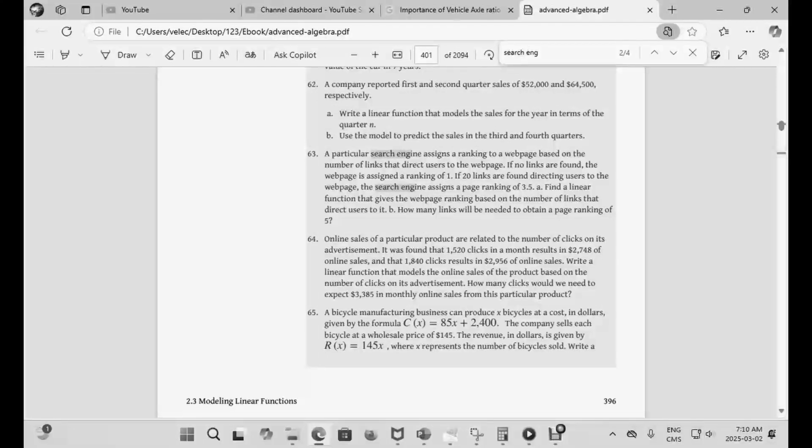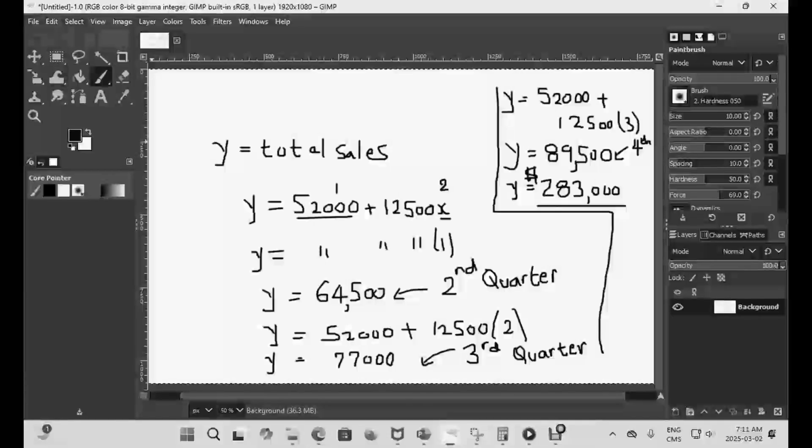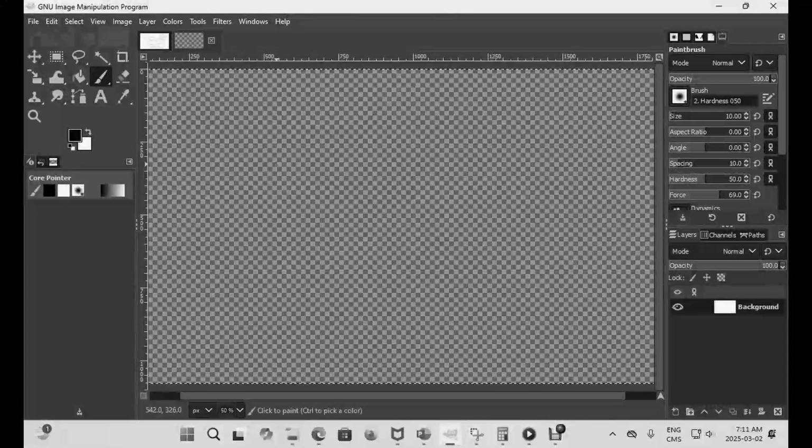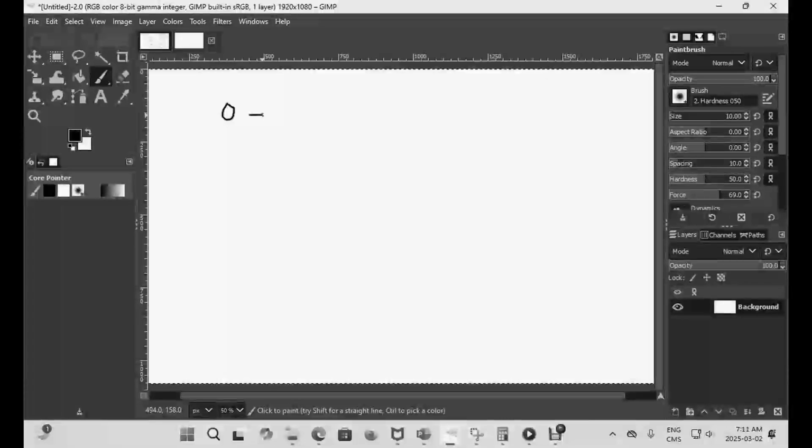Right off the bat, we know that your base is 1. If 20 links are found directing users to the web page, the search engine assigns a page ranking of 3.5. So with no links, the ranking is 1. This is your base.